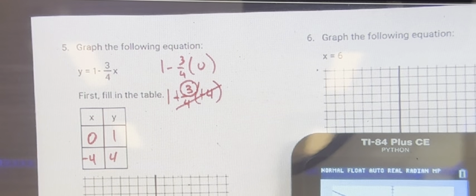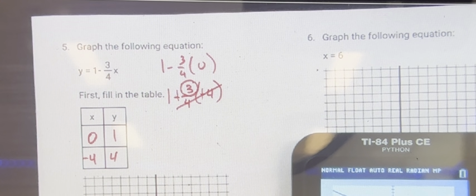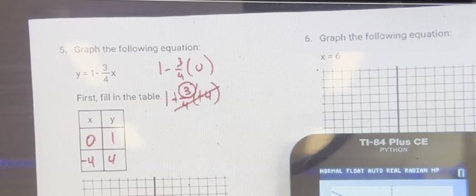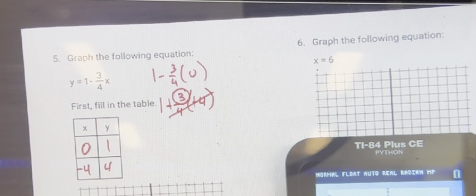So plot the 1, the y-intercept, and then if I do that point, I need to go down 3. 1, 2, 3. 1, 2, 3, 4, and that's going down. So negative 4, and the other one was going up 3. 1, 2, 3 over 1, 2, 3, 4. That would be there, the negative 4 and 4.